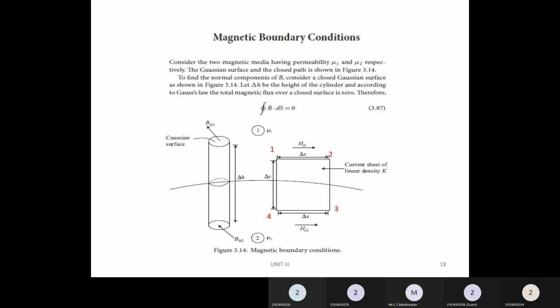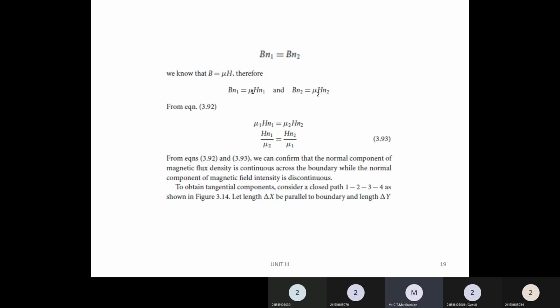If you place one magnetic material over another, the tangential component of magnetic field intensity is continuous. Whatever tangential component of magnetic field intensity you get in medium 1, the same you will get in medium 2.